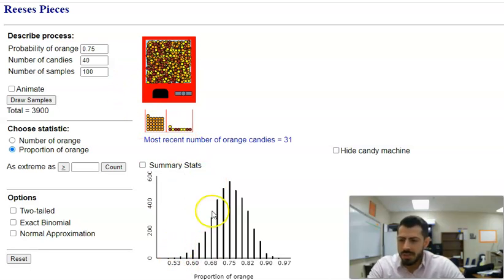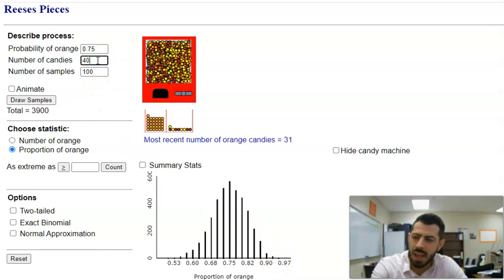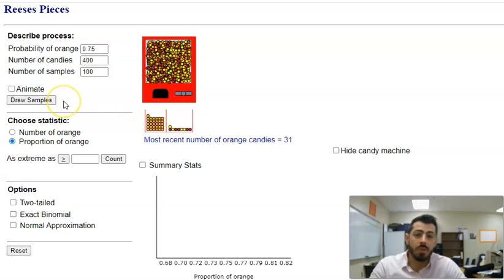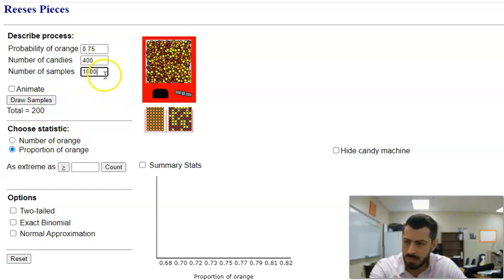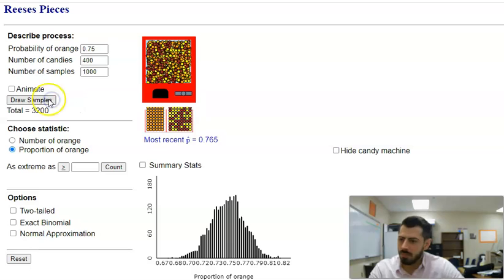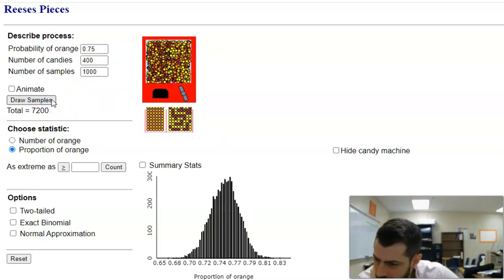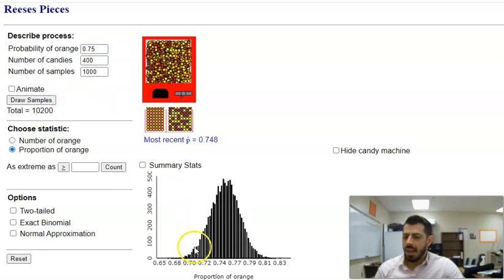This one stretches from 0.53 to approximately 0.97, but if I increase the number of candies in any given sample to 400 instead of 40, I see that the range of this shrinks to about 0.66 to 0.82.